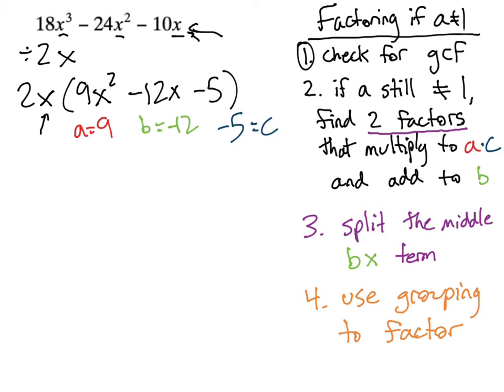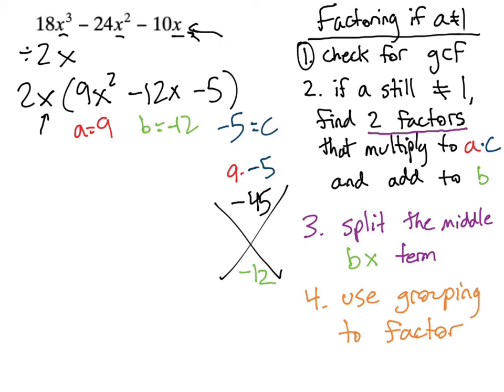A times c is 9 times negative 5, so that gives us negative 45, and we want two factors that we find to also add together to equal b.